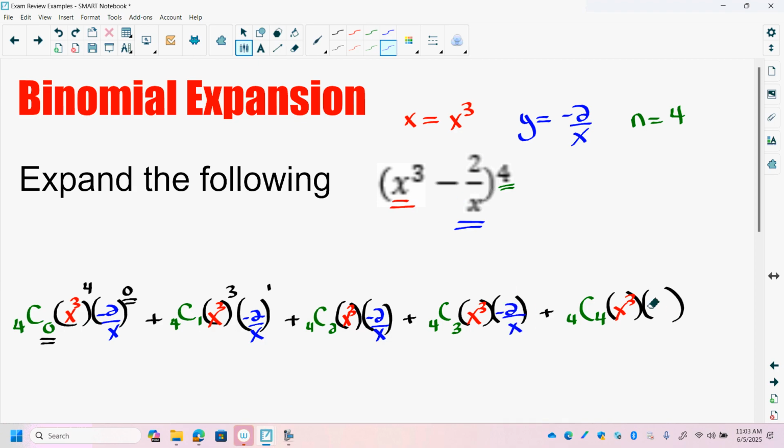In this particular example, it's always negative 2 over x. Remember your exponents. The first one goes 4, 3, 2, 1, 0, descending power. And the second one goes ascending power, 0, 1, 2, 3, 4. Remember, this number matches the second exponent always.